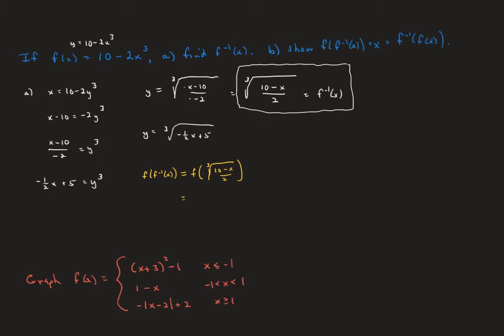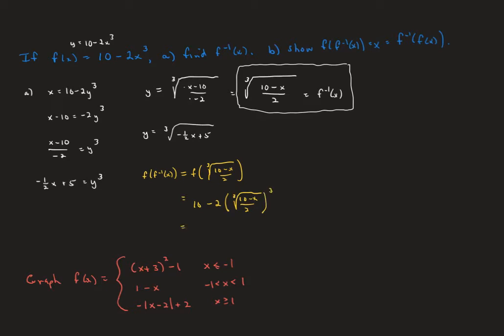And so that is going to look like we're going to plug all of that in for the x. So we're going to get 10 minus 2 times, we're going to have 10 minus x over 2, the cube root of all that, whole thing cubed.